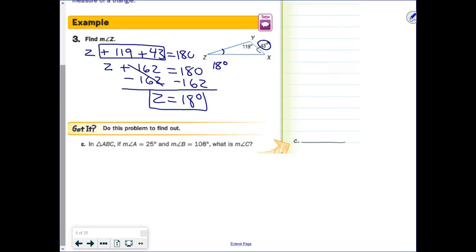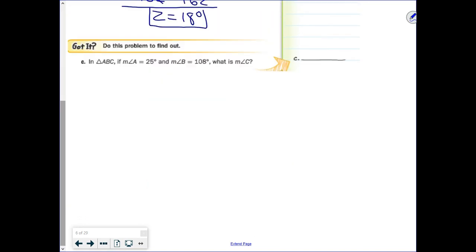Now, take a look at letter problem C. Unlike the previous example, we don't have a picture of the triangle. All we have is the measurement of two of the angles, the measurement of angle A and the measurement of angle B. What we are missing is the measurement of angle C. Well, we don't really need the picture in order to do this problem.